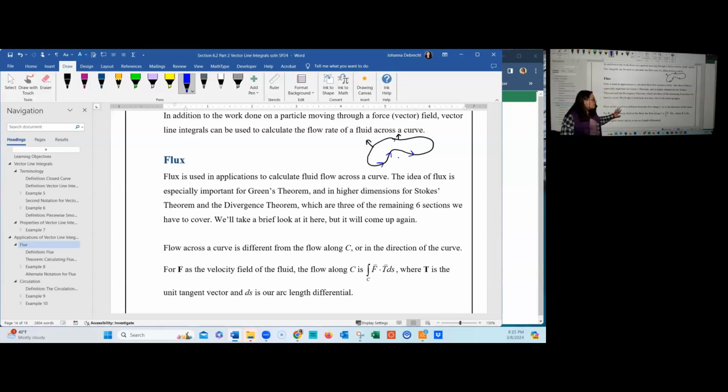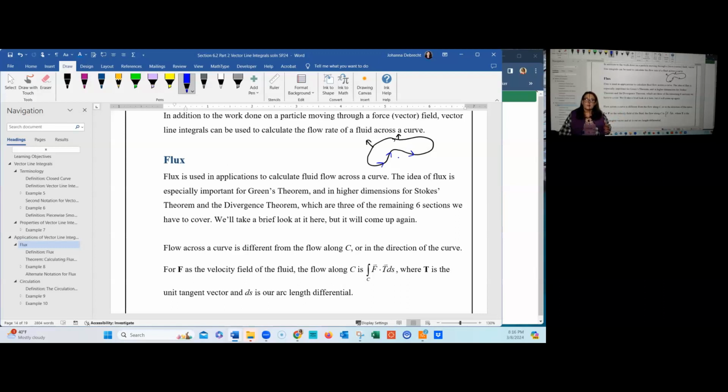When we're looking at the flow along a curve, we're looking at F dot the tangent vector T ds, the vector line integral along the curve, where T is that unit tangent vector, and ds is the arc length differential. When we're talking about flow across a curve, however, we're not talking about going along the curve.